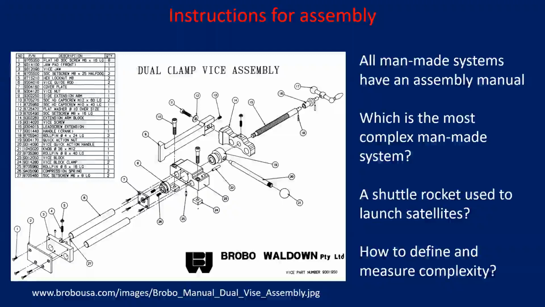So that could be a very complex system, and over here, this is man-made. You have created it, so it would come along with the manual, so you know how to assemble each part. It could be complex, and this shuttle rocket would be very, very complex.